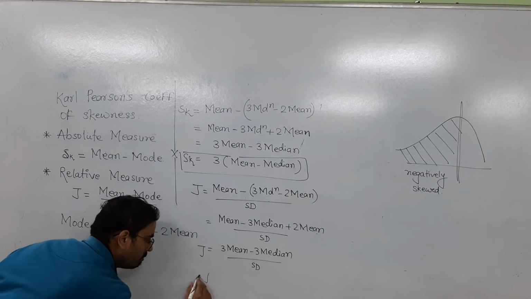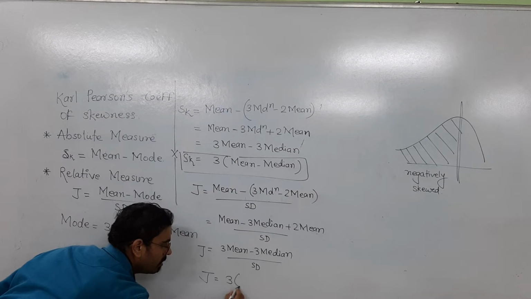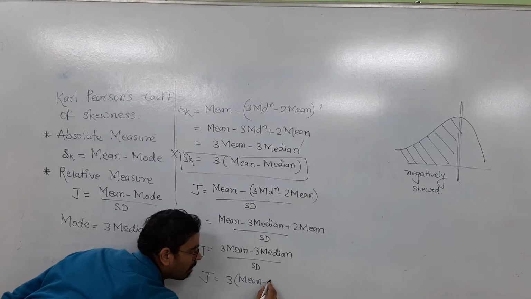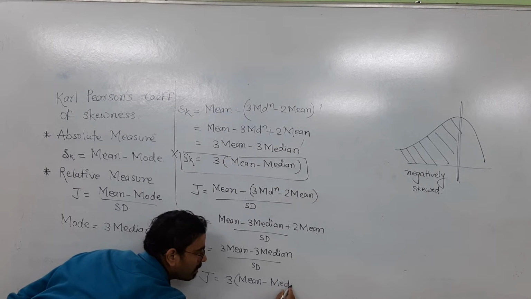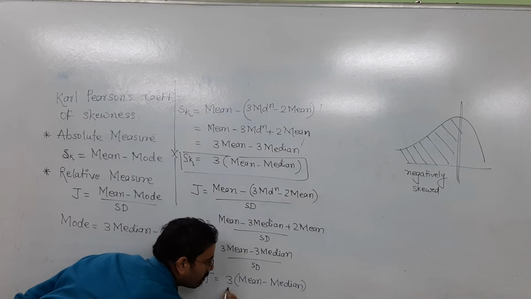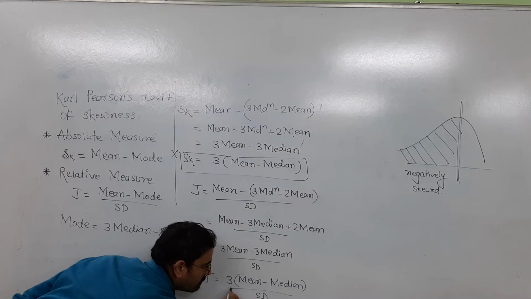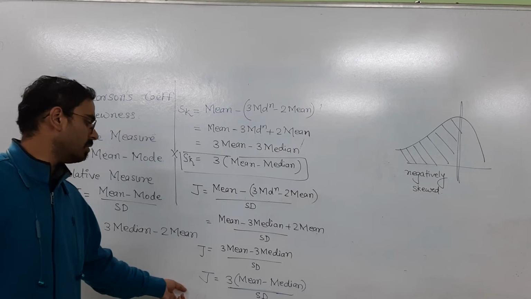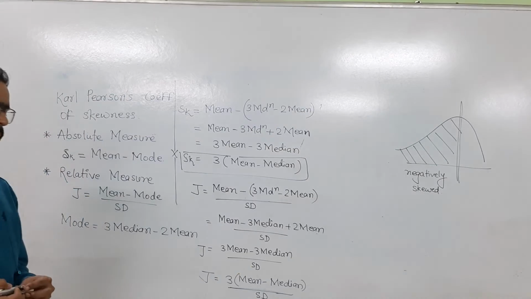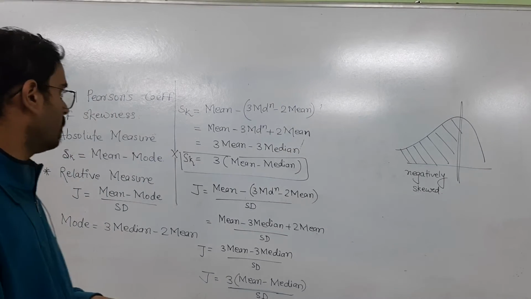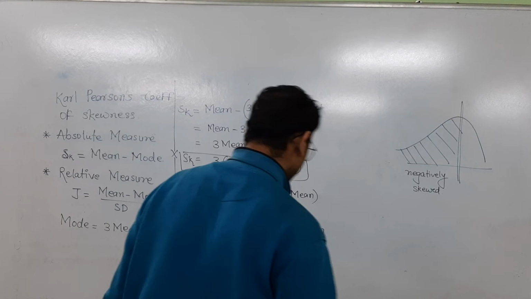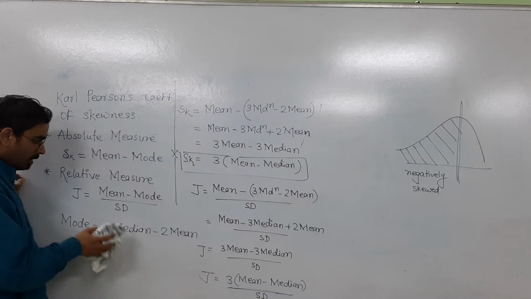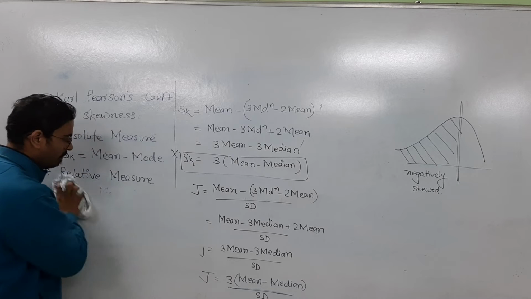So the formula will become Sk is equal to 3 times mean minus median, whole divided by standard deviation. Okay, so we got the formula in terms of mean and median. I hope you understand. So we have the formula for skewness, that is Karl Pearson coefficient of skewness.